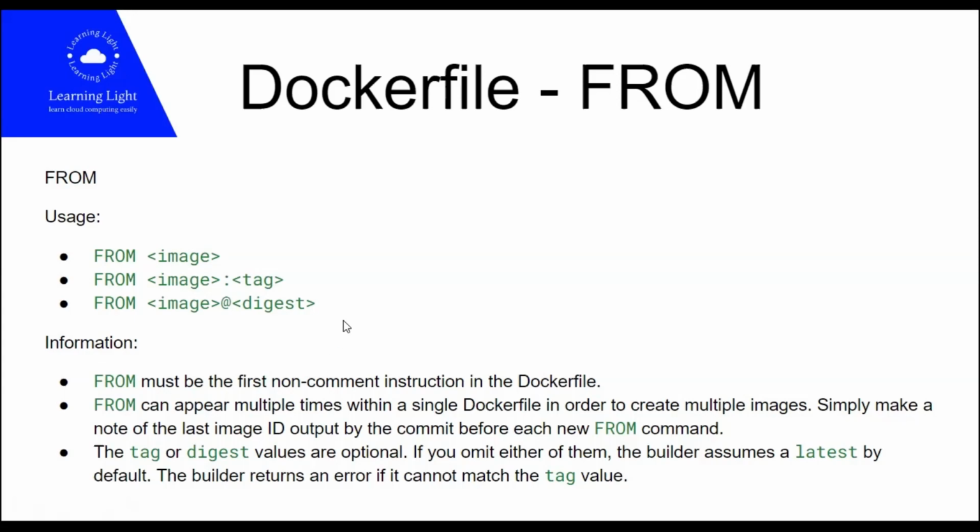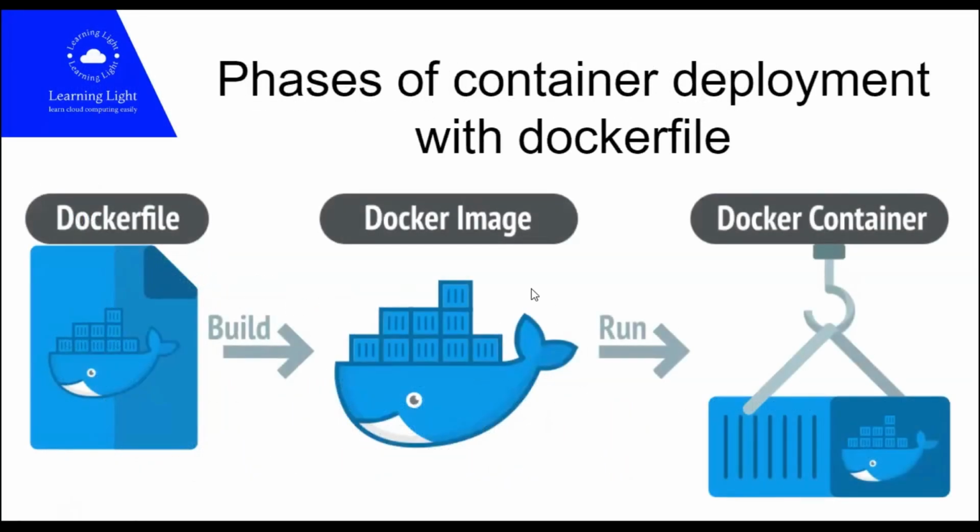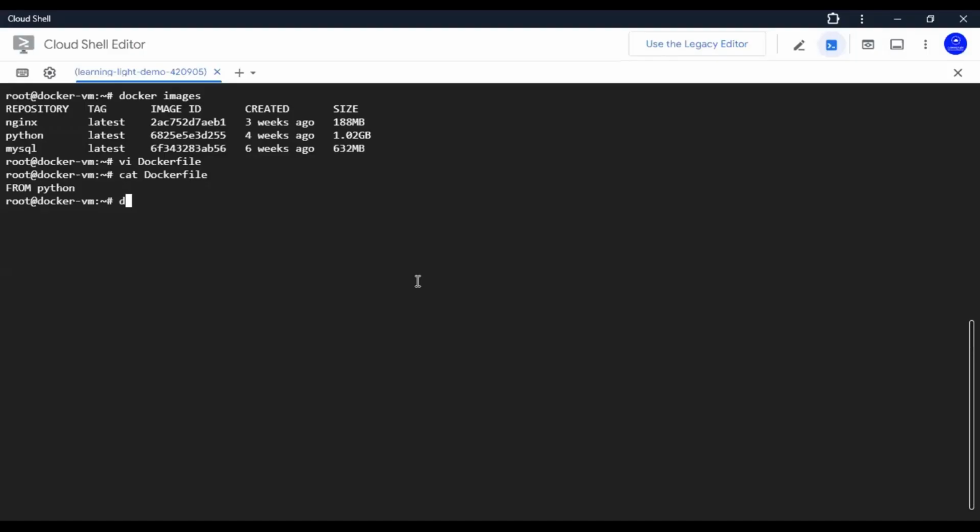If I go back to the previous slide, we see that after writing this Dockerfile, we need to build the Docker image from it. So let's jump to the console once again, and we say docker build, and then we can give some name to this image. Let's say mypython, which is the image that is going to be built with the help of the Dockerfile.